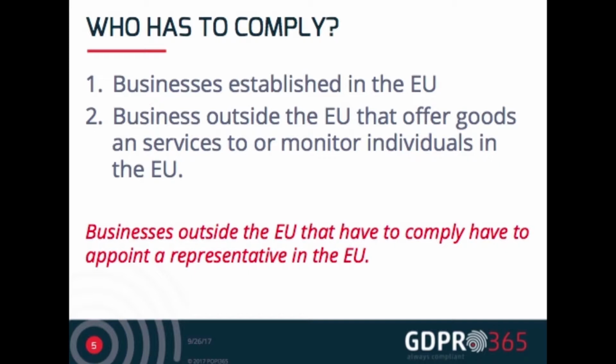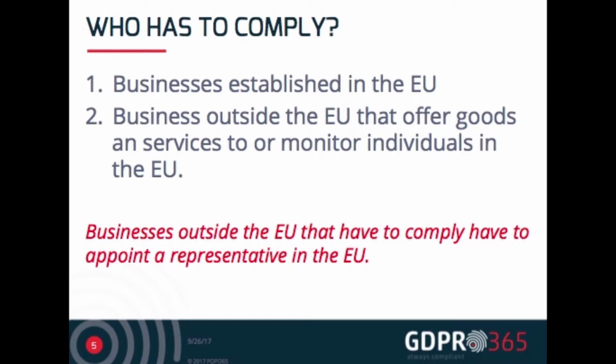These data protection authorities, it's the ICO in the UK, for instance, the Information Commissioner's Office, have the ability to interpret and implement the regulation as well as levy fines.